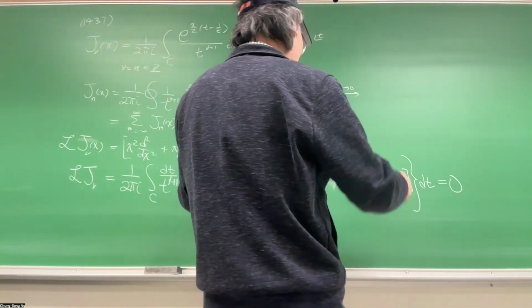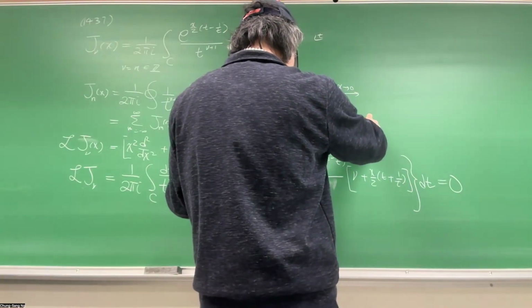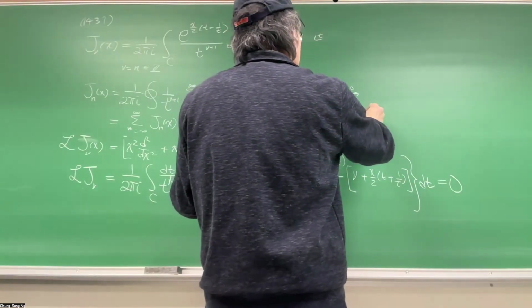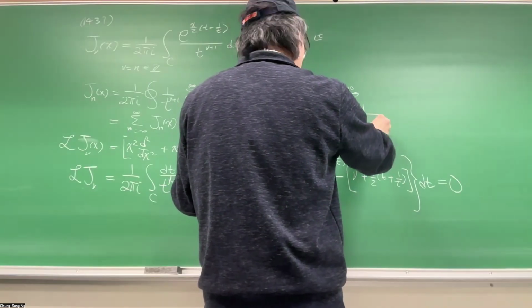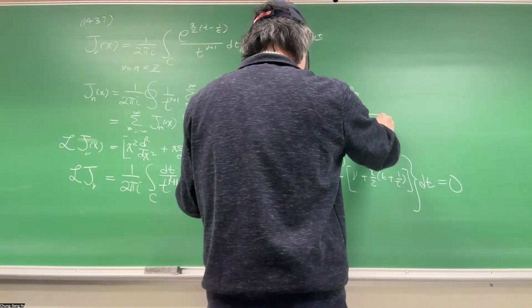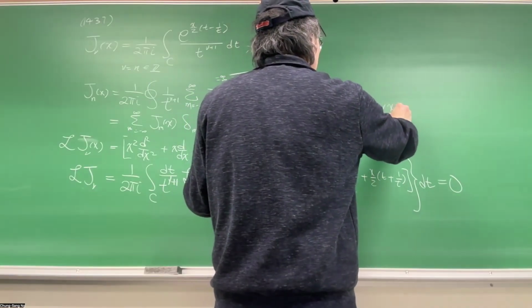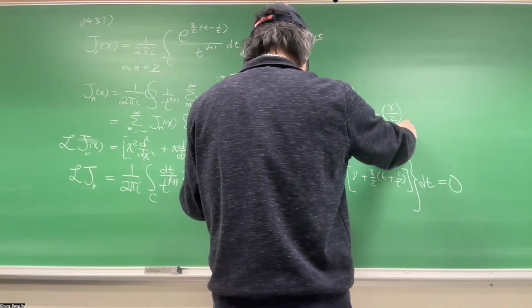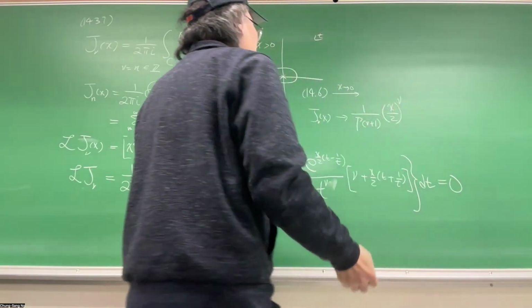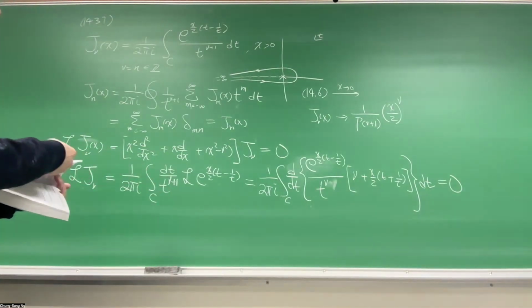So minus 1 to the 0 is 1, 0 factorial is 1. It goes to a gamma of nu plus 1, and then just keep the first term, x over 2 to the nu plus 2s, s is 0. It should tend to something like that.